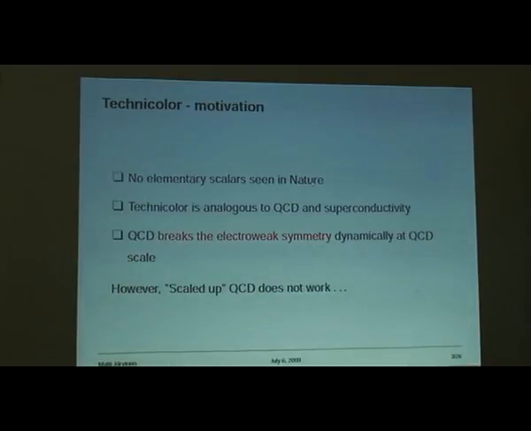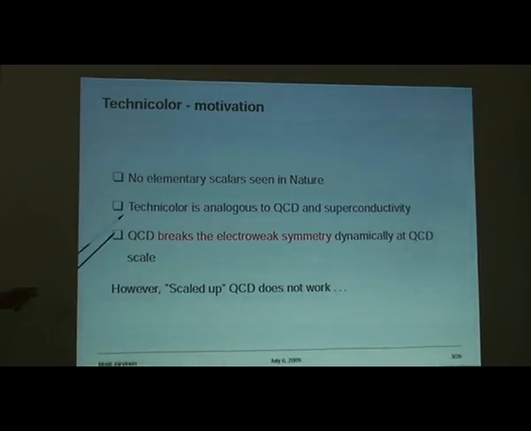Some motivations for technicolor in general: you have never seen any elementary scalar particles. So this motivates taking away the Higgs and replacing that by fermions.